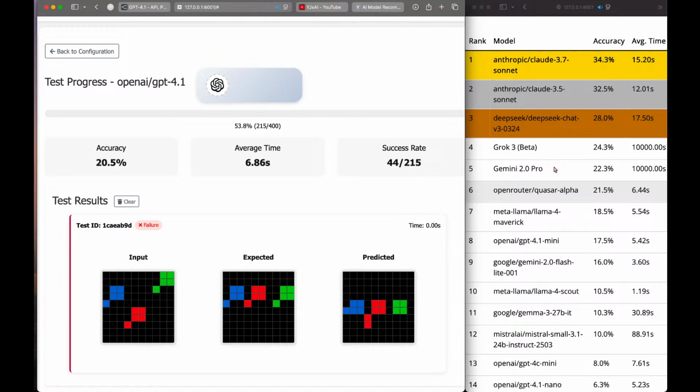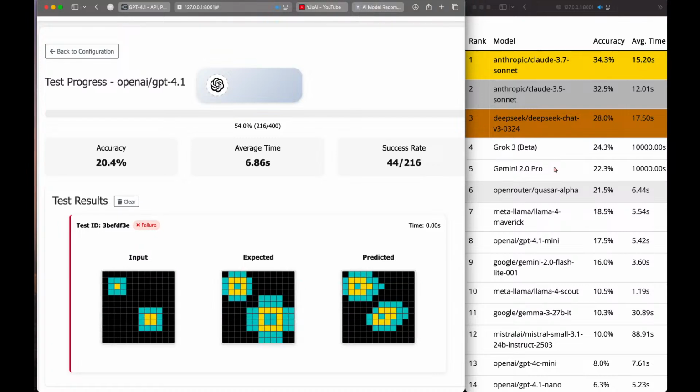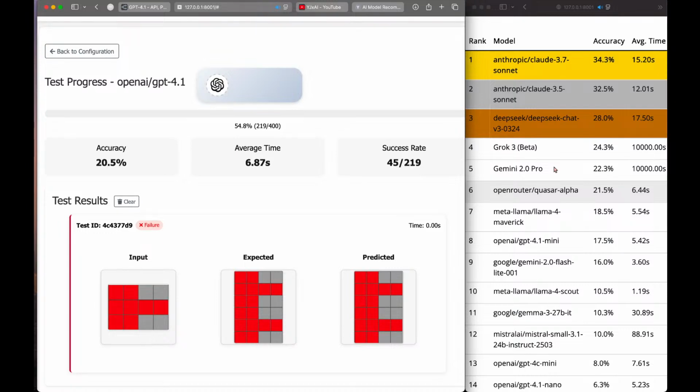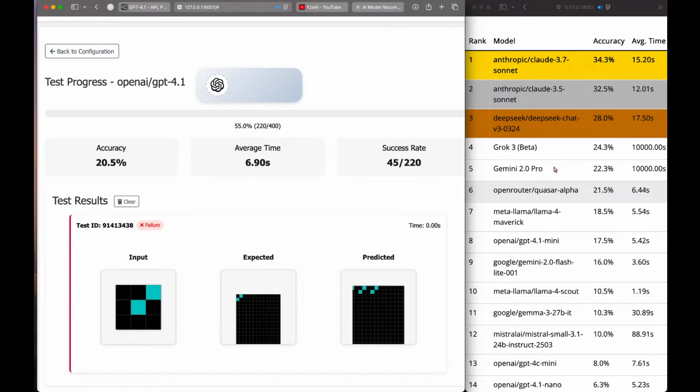Yeah, you're right. How much was the accuracy of V3 original? I haven't tested that. I didn't have this bench at that time, I guess. Even I didn't do that.